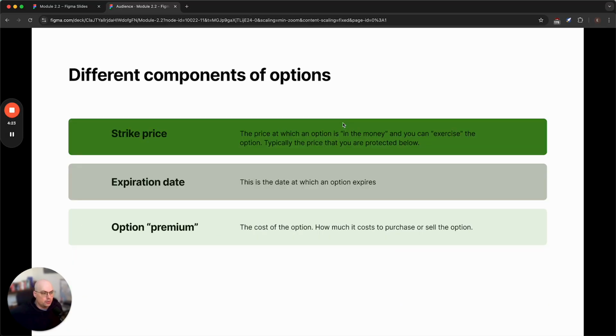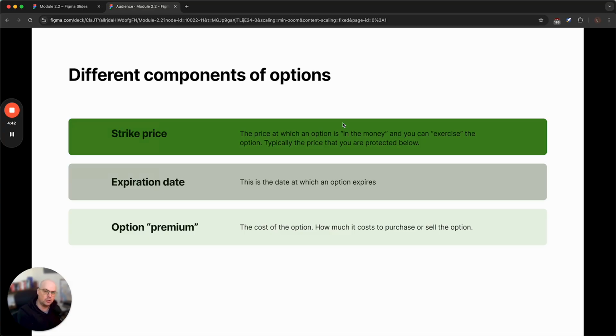So we'll jump into some of the more particulars or components of options, so we can really make sure you understand them before you dive into your first trade. The three main components of options when you're looking at them are strike price, expiration date, and option premium.